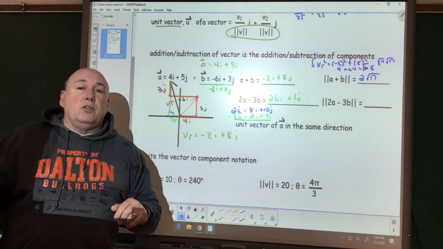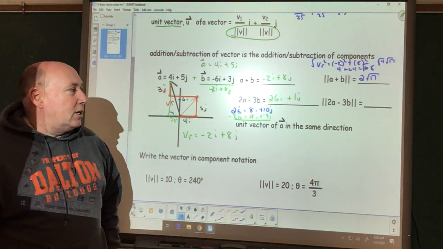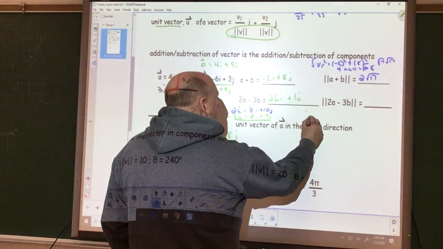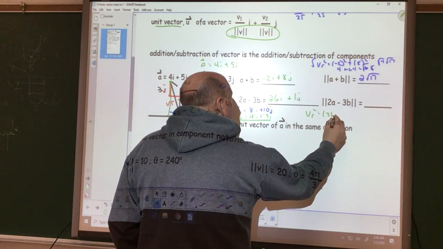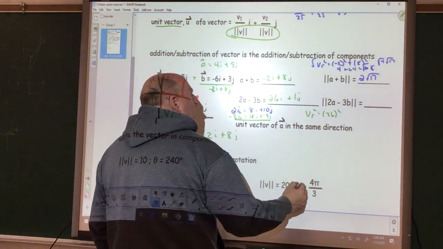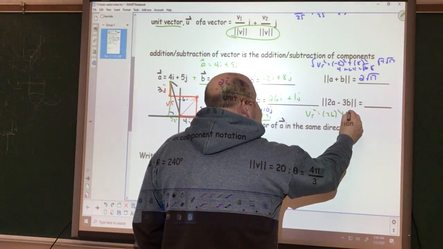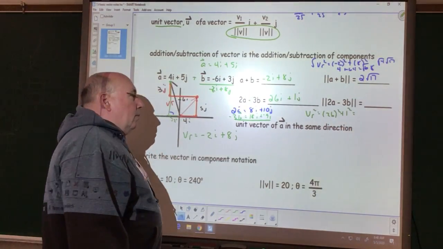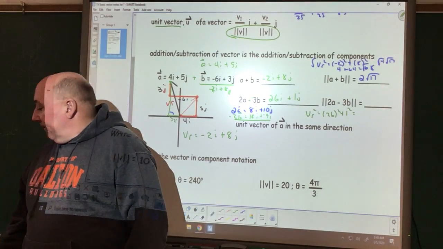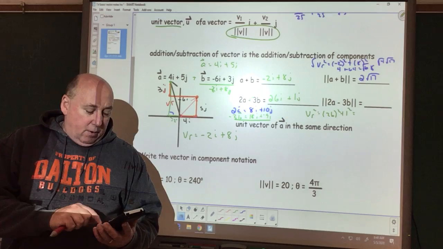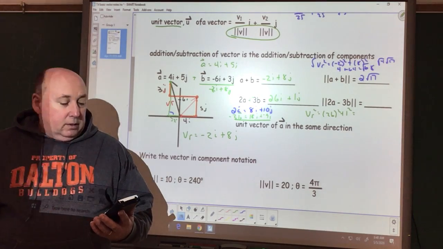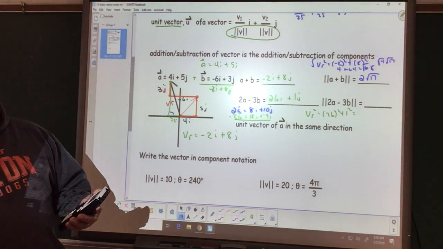To find the magnitude, once again, I can just square each of the components. So we have VR squared is equal to 26 squared plus 1 squared. 26 squared, I'm sorry, I don't know that one, is 676, plus 1.